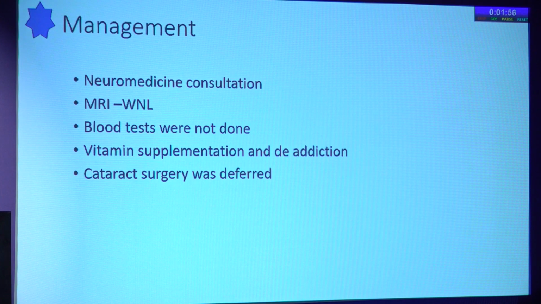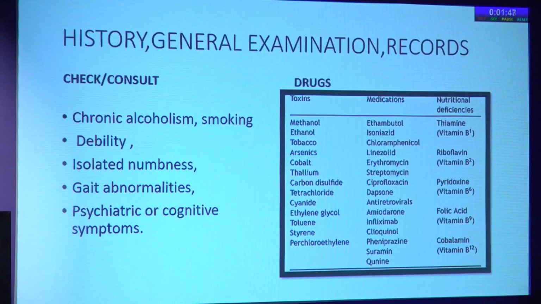That is why we sent for a neuromedicine consultation, and an MRI was done, and then the cataract surgery was deferred, and a vitamin supplement was advised by the neurologist. So the point is you have to be very diligent in scrutiny of records. In some cases, these are the symptoms that may help you decide whether this patient needs a neuro referral or not.